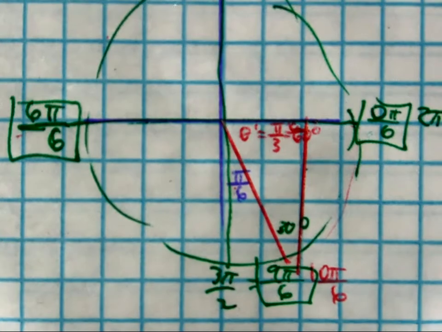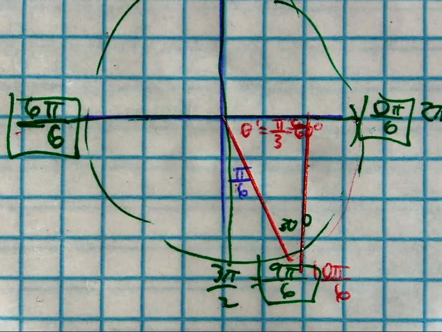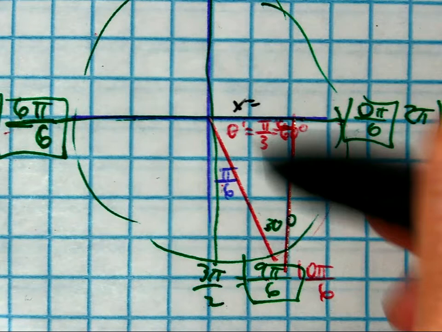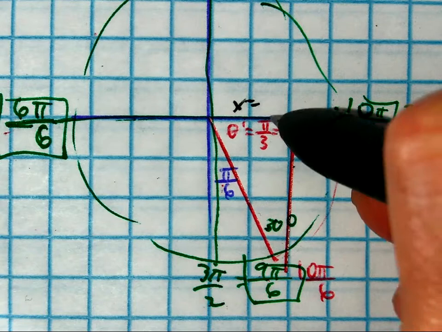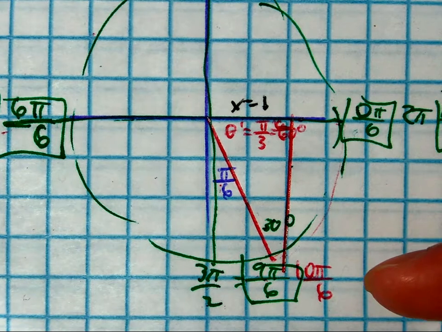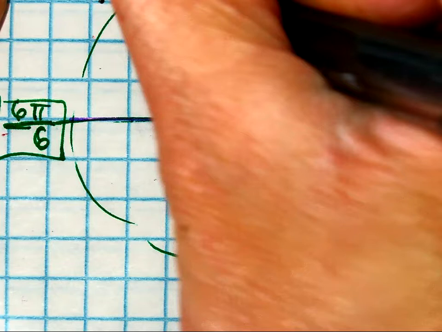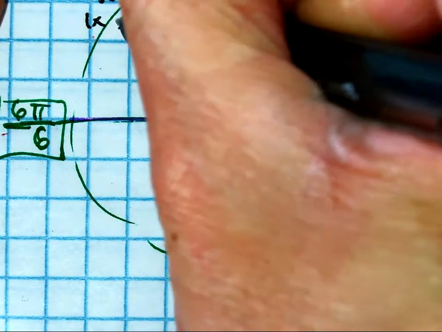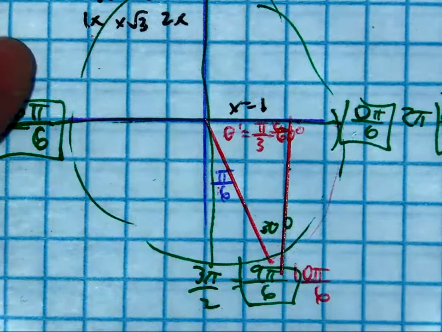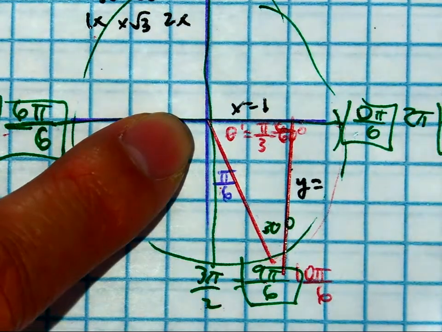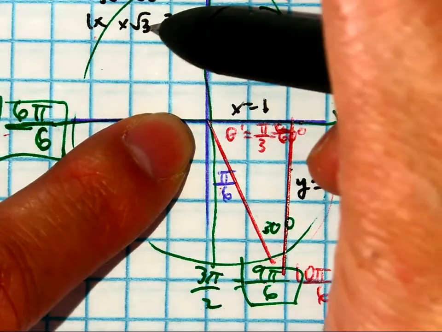Class, always across the 30 is a 1. Remember, if you didn't write that down, 30, 60, 90s, you have x, 2x, x radical 3. My y value across the 60 is going to be what? Negative radical 3. And my r value is going to be across the 90, which is my 2.